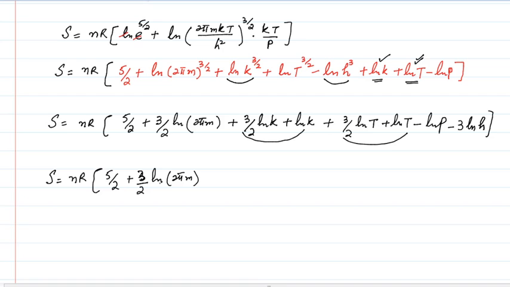It can be 3 by 2 ln of 2 pi and 3 by 2 ln of m plus 5 by 2 ln of k plus 5 by 2 ln of T minus ln of P minus 3 times ln of h. So this way we expanded basically the last equation.